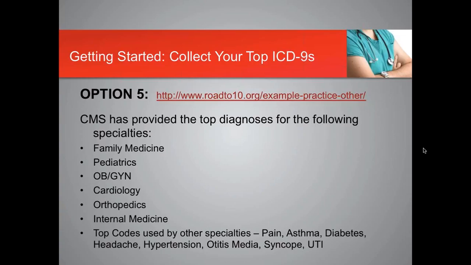The primary cares, of course, because they cover a broader span of codes, and cardiology and orthopedics because they are the specialties most affected by this change, in terms of the greatest explosion of additional codes. They do not have other specialties, however, they have some other top codes that are used across many specialties such as pain, asthma, diabetes, headache, hypertension, otitis media, syncope, and UTI.